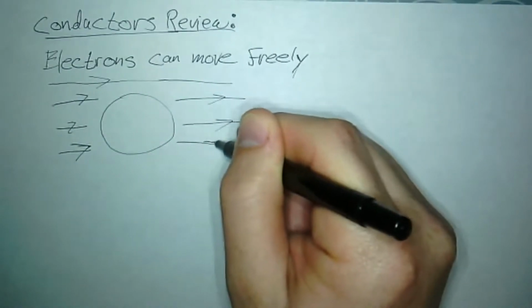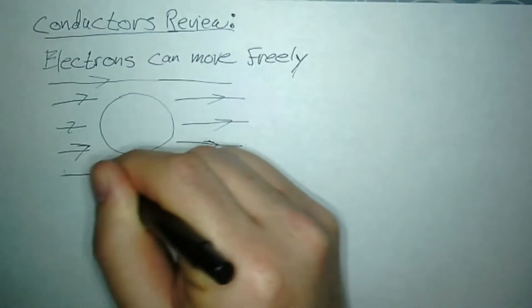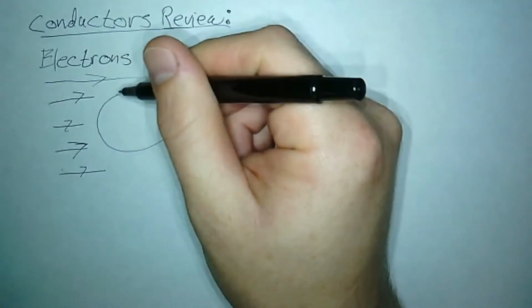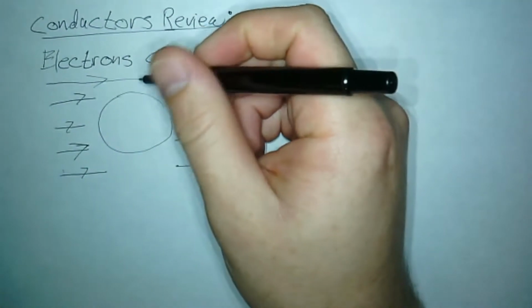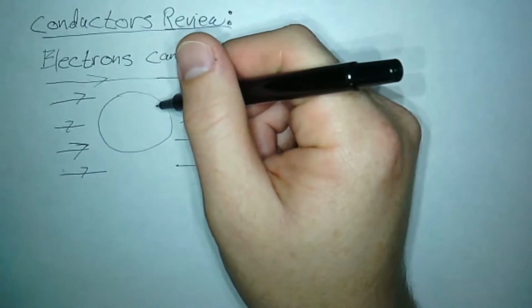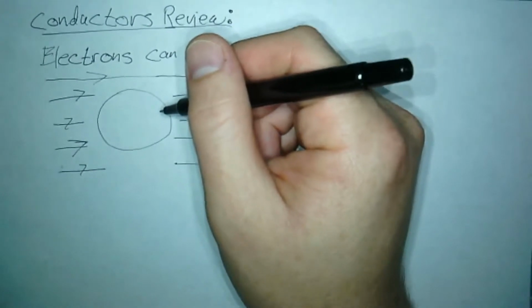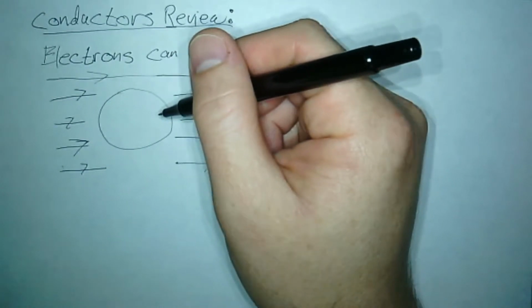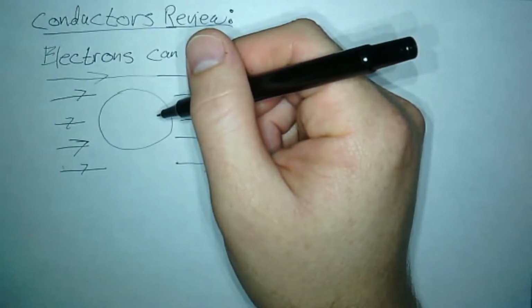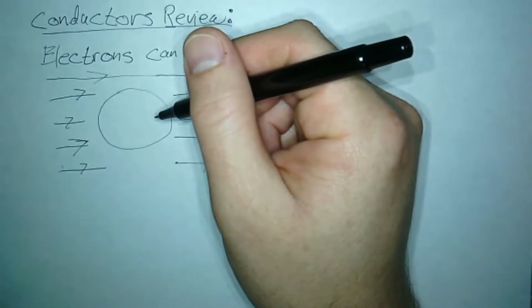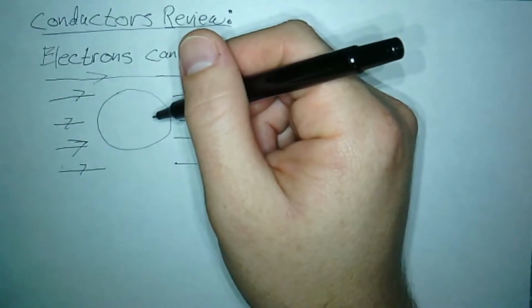How does it react? Well, first of all, the protons don't really move. It's only the electrons that move, because the protons are the nucleus. And to move the protons, you have to move the whole atom. And the atom is fixed in place because it's a solid, so it doesn't really move.